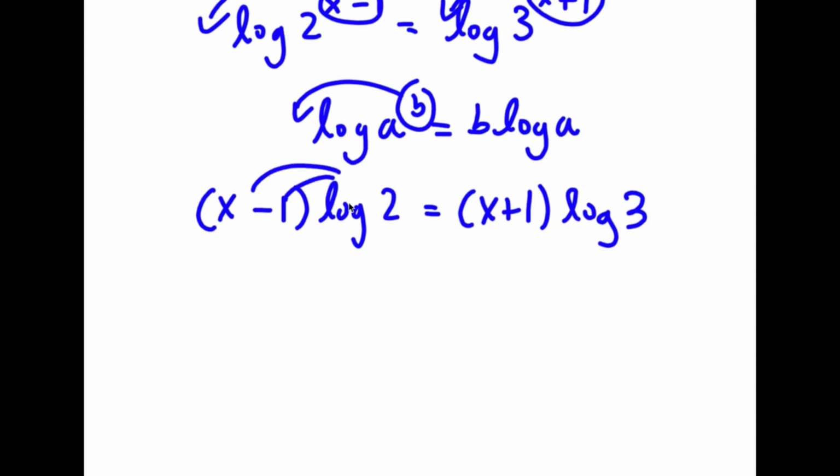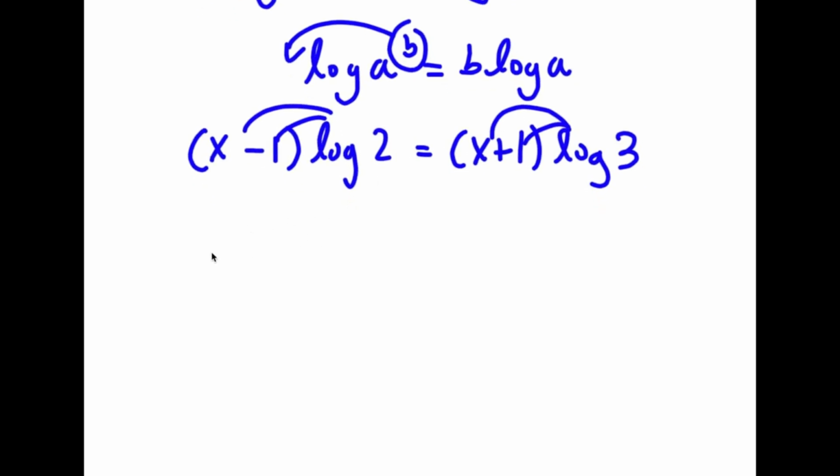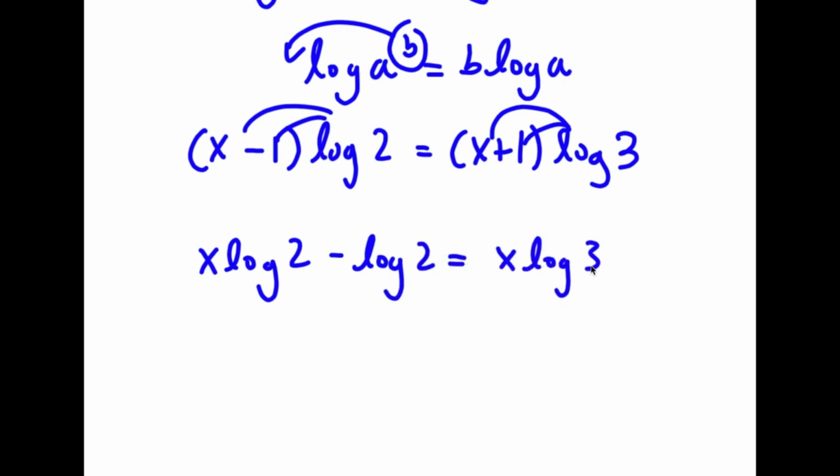Now, if I distribute these two, I have x times log 2 minus log 2 is equal to x times log 3 plus log 3.